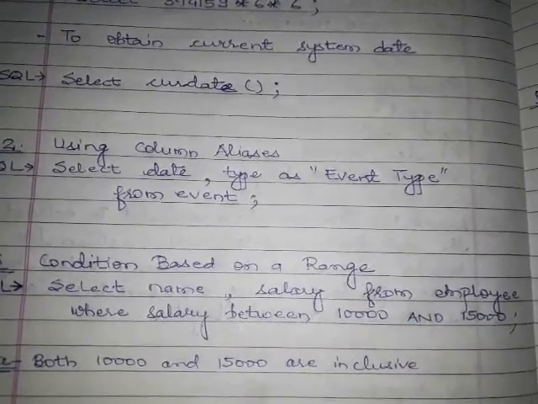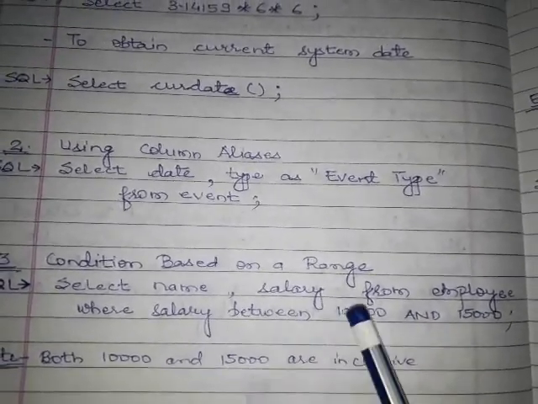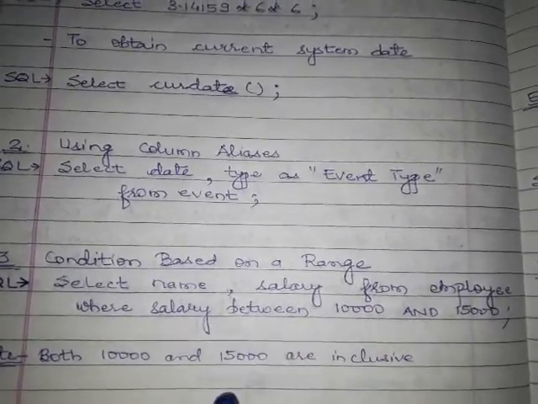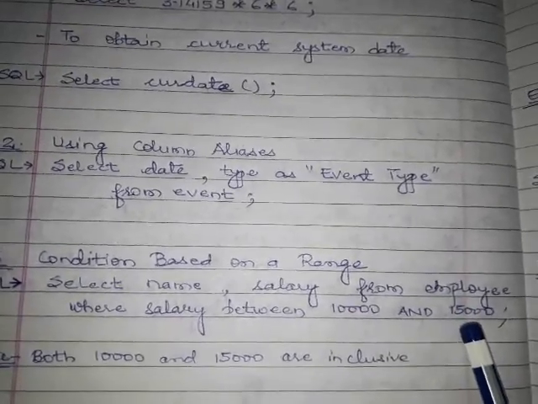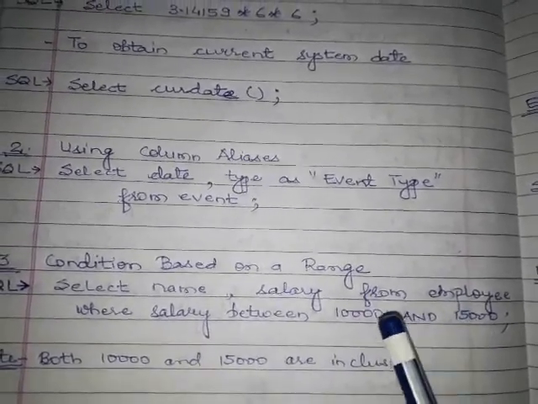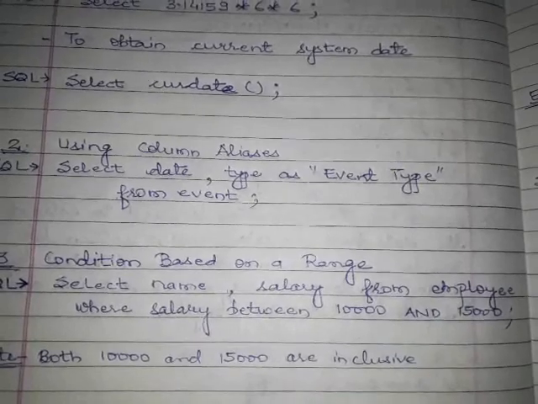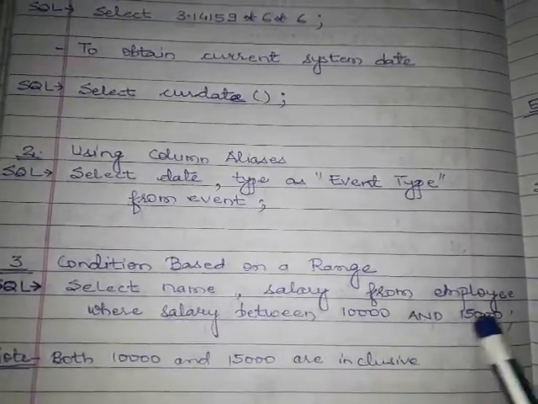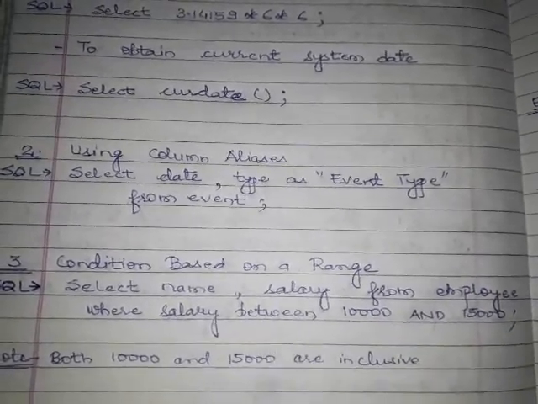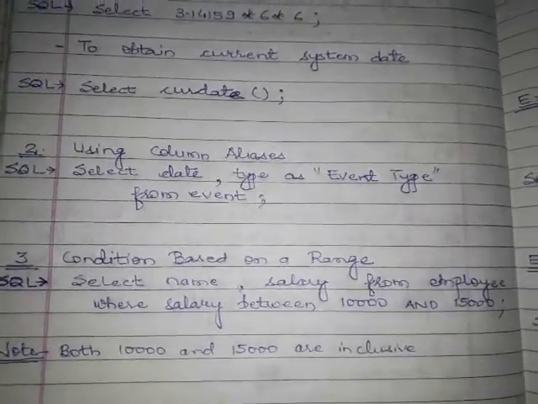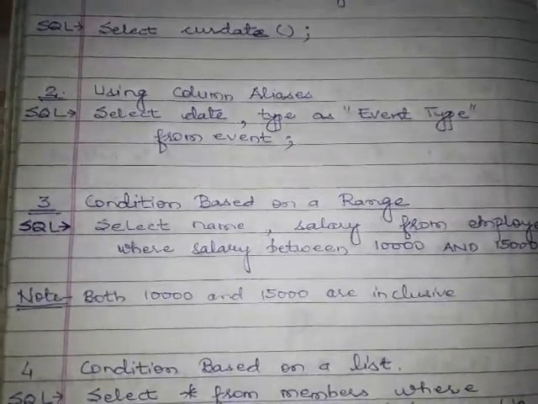Inclusive means they both are included in our output. So the employee whose salary is 10,000 will be displayed, and those employees whose salary is 15,000 will also be displayed, because both are inclusive in the BETWEEN clause. So this is an example of a range.